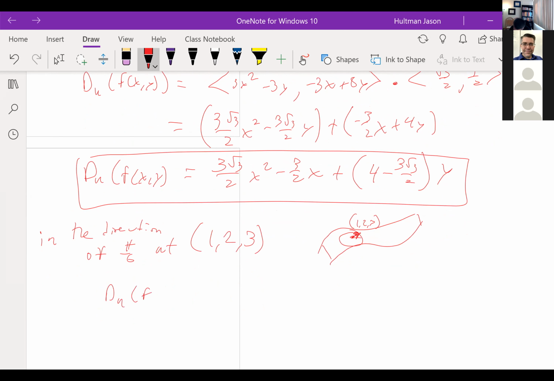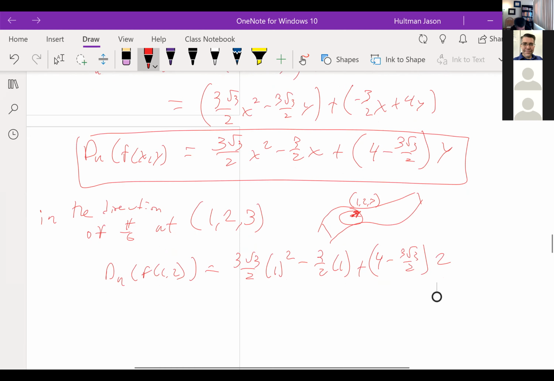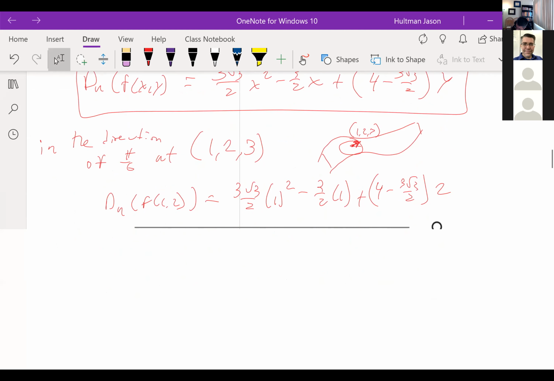Well, D sub u of f of 1, 2 is equal to 3 radical 3 over 2 times 1 squared minus 3 over 2 times 1 plus 4 minus 3 radical 3 over 2 times 2. Let's simplify.